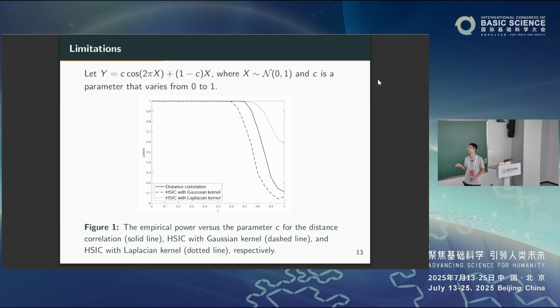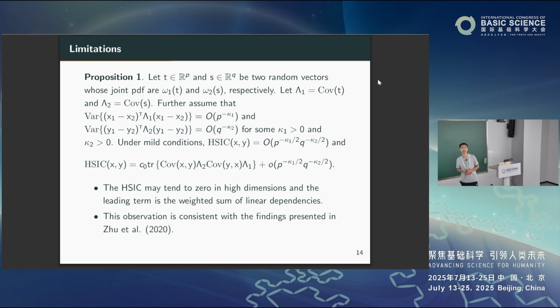So this toy example further confirms our finding that the HSIC is more sensitive to linear dependence rather than nonlinear dependence, although it can theoretically capture arbitrary nonlinear dependence. This example is built on a univariate case, where x and y are both univariate, but our focus is on the high-dimensional case.